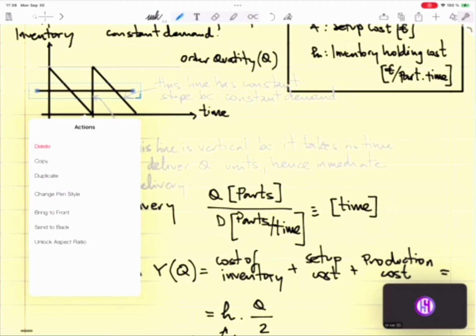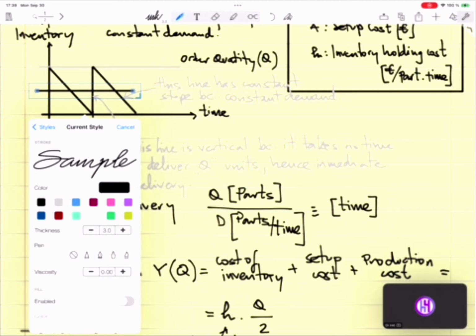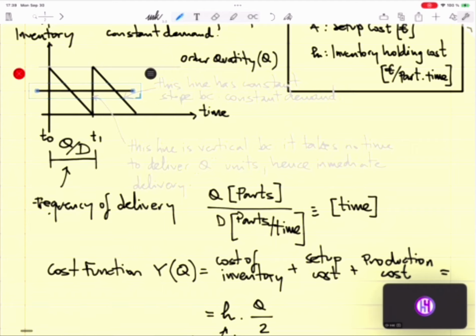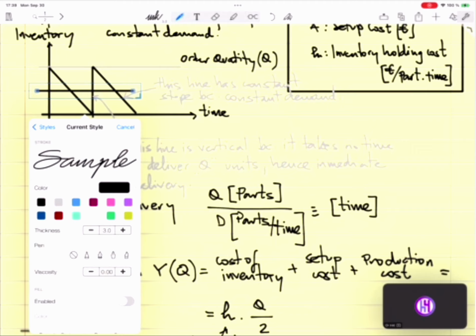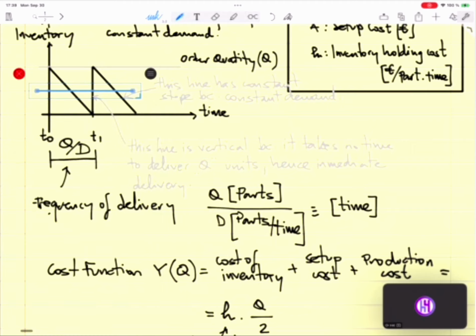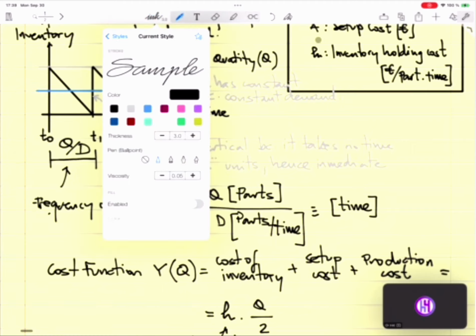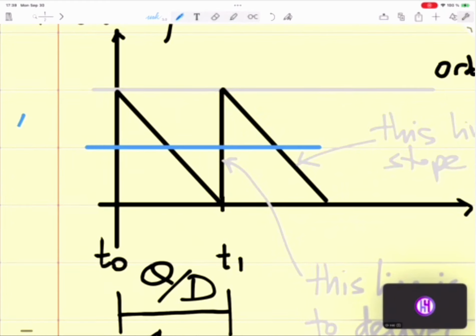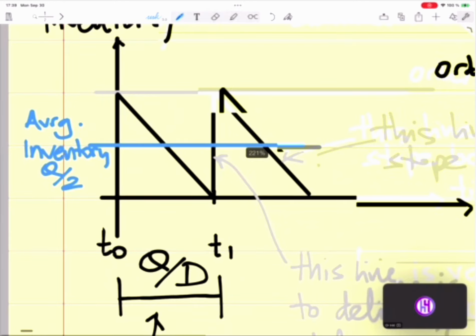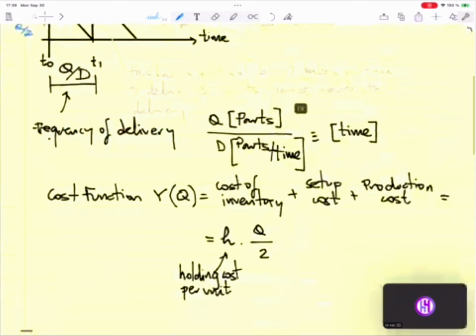Okay, so I am going to change here the color and say this is our average inventory, Q divided by 2. Okay, so this is our average inventory.